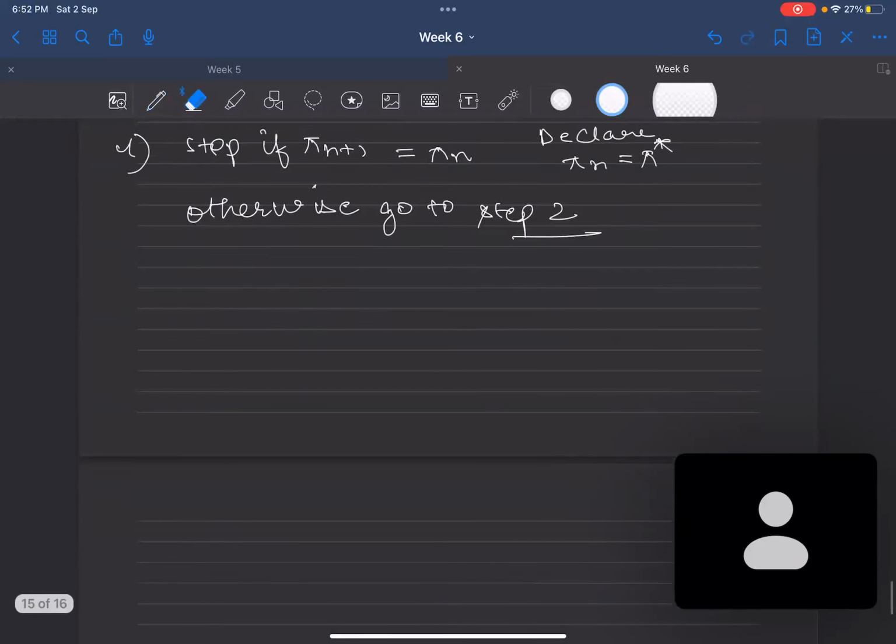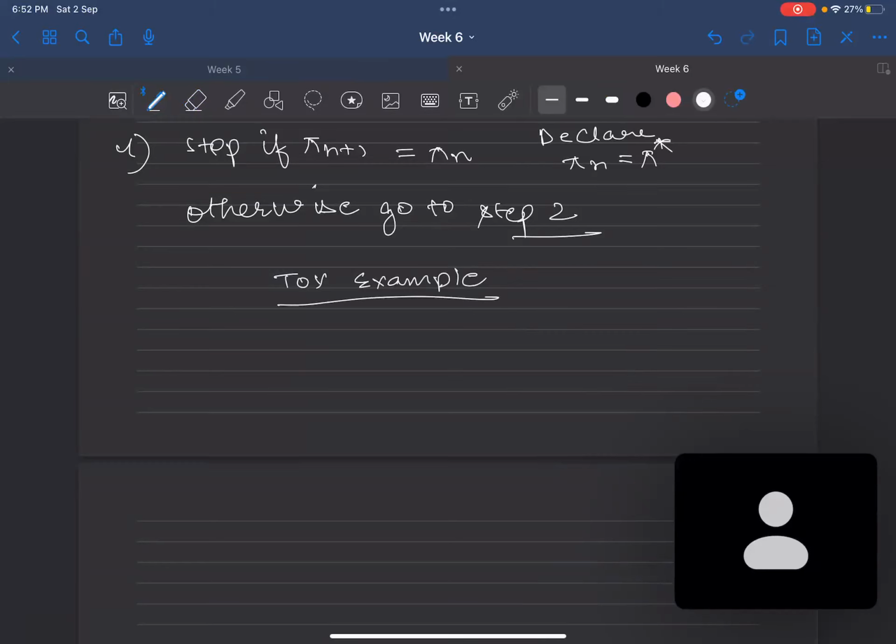A simple toy example we'll take. Suppose S1, S2, S3, there is a taxi. S1 is suppose the airport. S2 is suppose the city center. And S3 is suppose the railway station.